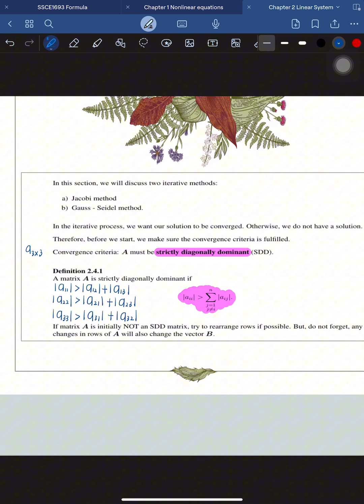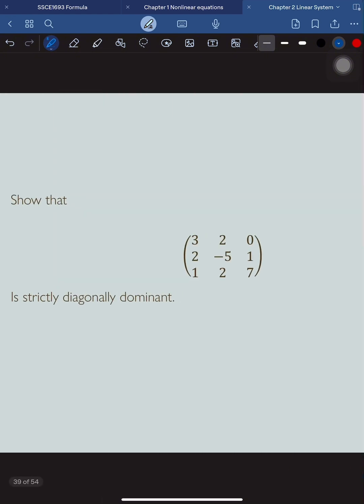The example shows that matrix A is SDD. Focus on the first, A11: we have 3, which is greater than A12 plus A13. Yes.